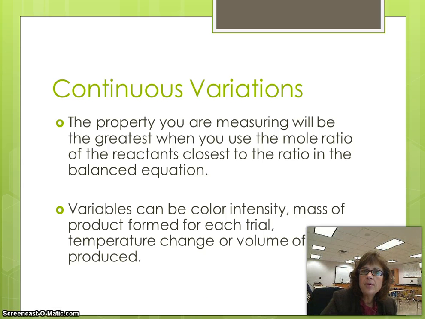The variables that you can measure include color intensity, if it gives off a color. You can measure mass if it makes a precipitate: you filter it, dry it, and weigh it for each trial. You can measure the temperature change, or the volume of gas produced, but you've got to do it for each trial.